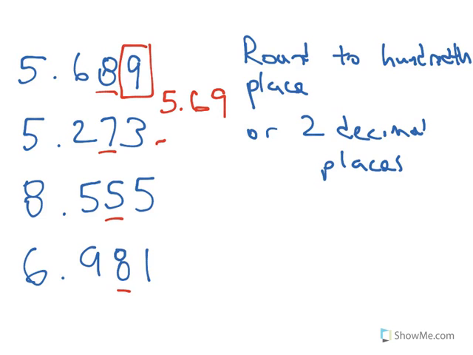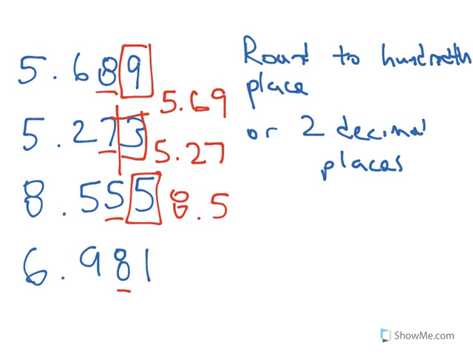For this one here, I can start by writing out 5.2, and now I just have to decide, does the 7 change to an 8 or does it stay as a 7? So I look at that 3, and that 3 is closer to 0 than it is to 10, so it stays the same, exactly like that. For this one here, it's going to be 8.5, and now I just have to look beyond there, and this next number is either going to be a 5 or a 6.